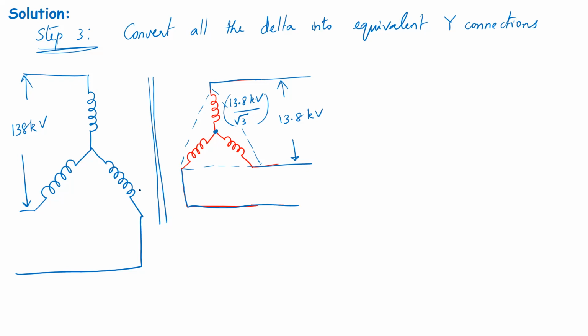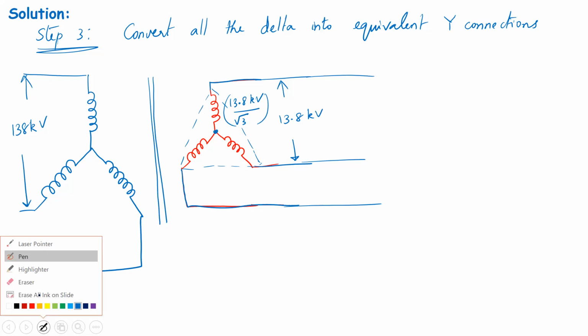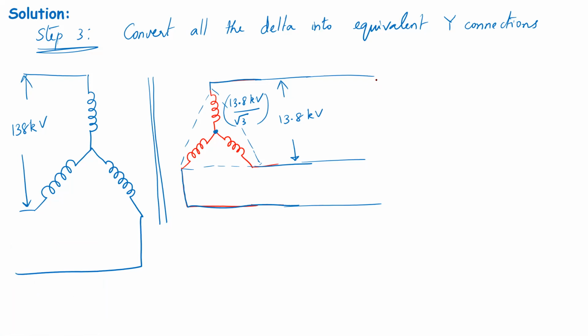Because the line-to-line voltage cannot change. It is still the same as 13.8 kV. So if I convert a delta into an equivalent Y, the equivalent Y's phase voltage will be 13.8 over root 3 kV. And then there is a delta connected load which has to be converted into an equivalent star. So I'm going to do that as well.